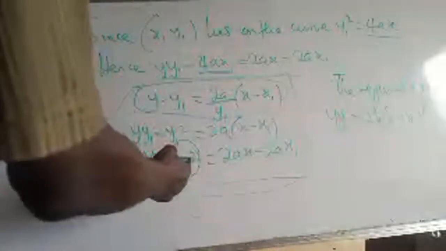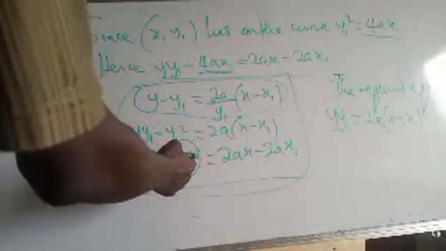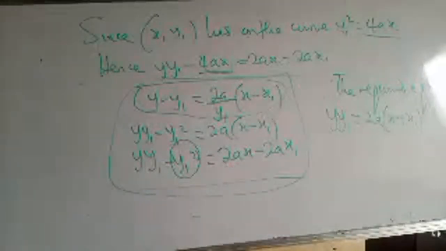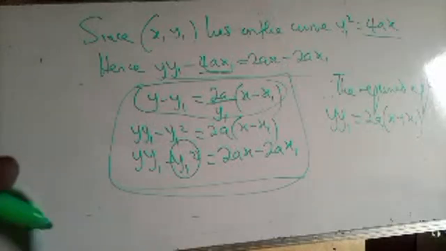Now y1, this one is already 4ax, which we have sorted out, into 2a plus. You are subtracting your x. It's going to be x minus x1. So this should change to plus. So x plus x1 from that. If you subtract this, don't get it twisted though. Subtract this from here.